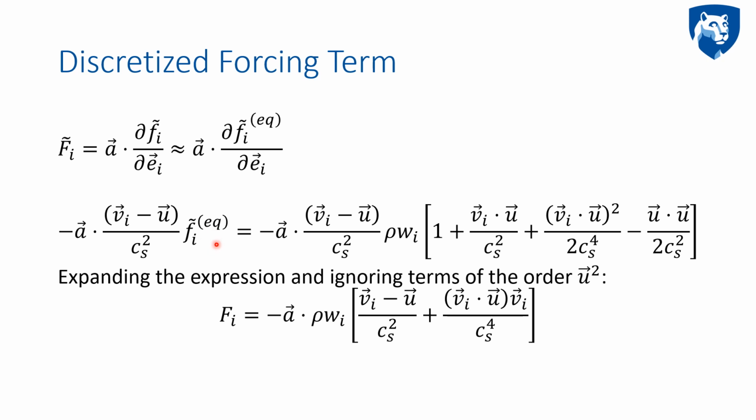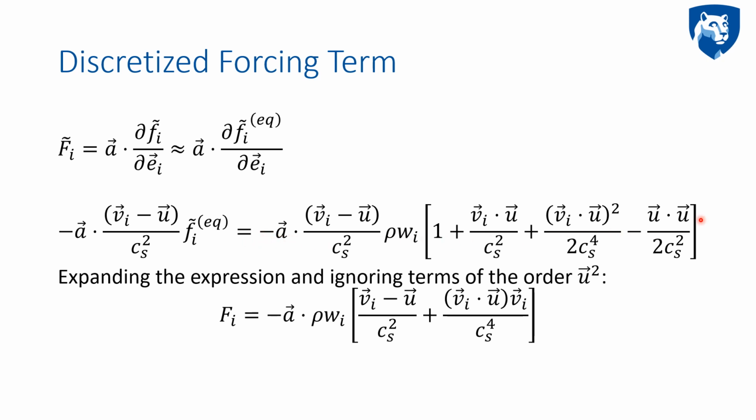This is just a derivative of the equilibrium distribution function with respect to the velocity, and this is the same equilibrium distribution function we derived in the previous slide. Once we expand this term and put in the equation for the equilibrium distribution function, the equation takes this form right here.